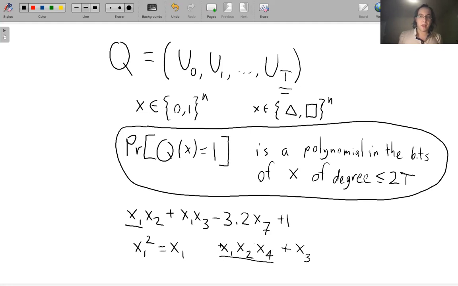These are n-variate real polynomials that are called multilinear in that they don't have any powers larger than 1 for the individual variables. So it's n-variate, real coefficients, and multilinear. And these polynomials are going to represent the acceptance probability of a quantum algorithm. Maybe we should start by seeing why that is before we study them further.